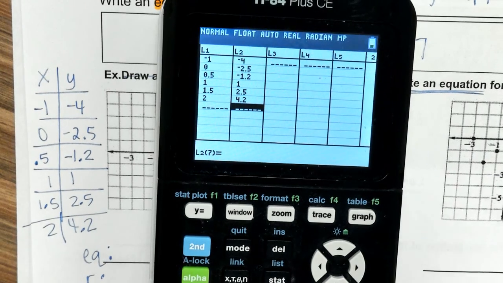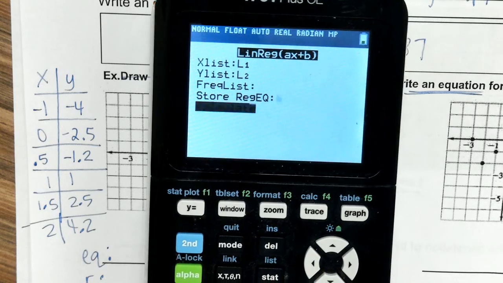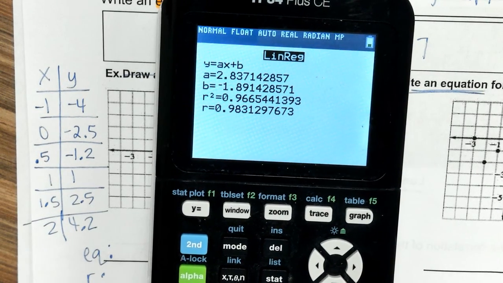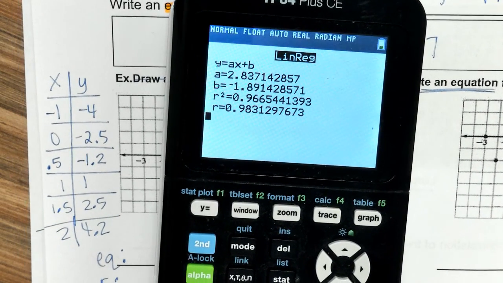Okay, now where do I go? Stat Calc, option 4. My first job is to write the equation, so don't even bother looking at the R's. If I need to, I'm going to round to the hundredths place.